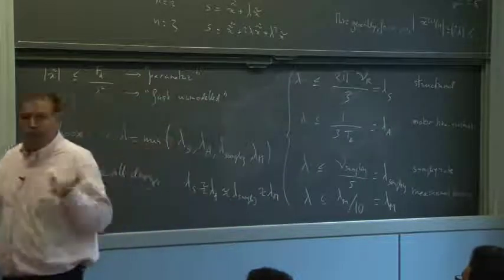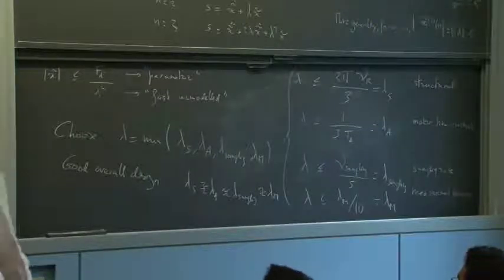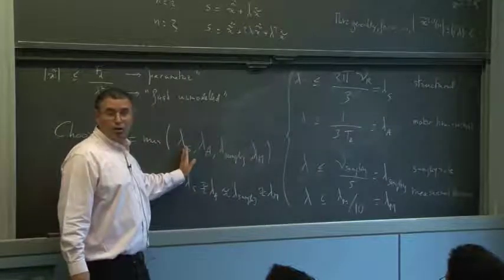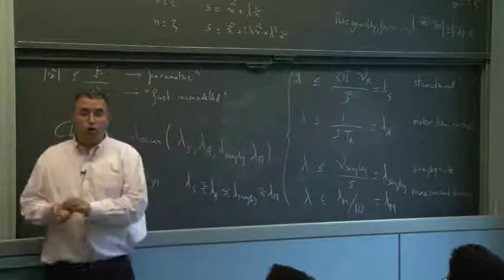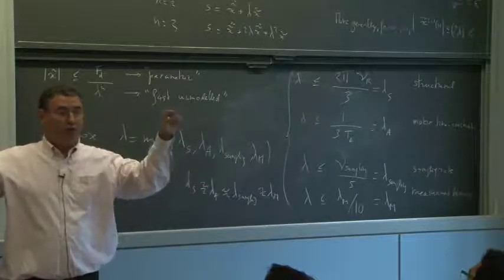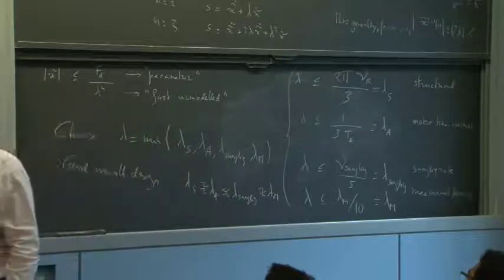Otherwise, one is really dominating the others. If all of these are, let's say, 10 and this one is 1, or on the contrary, if one is really big and the others are at the same order, it means you're wasting that one.